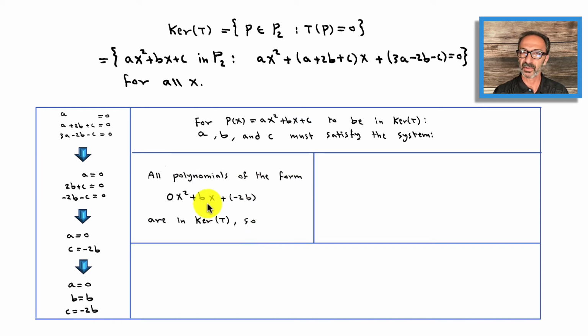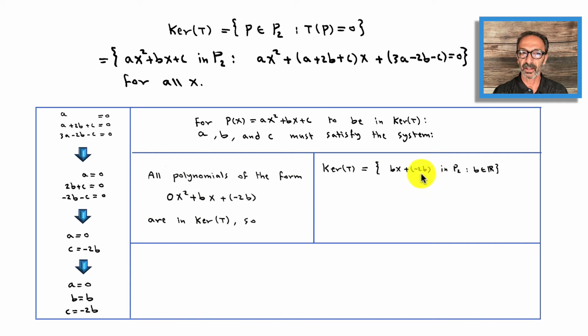We have b equals b, and the c part right there is minus 2b. That's how the polynomials in the kernel will look like because of the condition that we started right here. So the kernel of T will be just bx minus 2b. We don't have to mention the first part, as you could see.